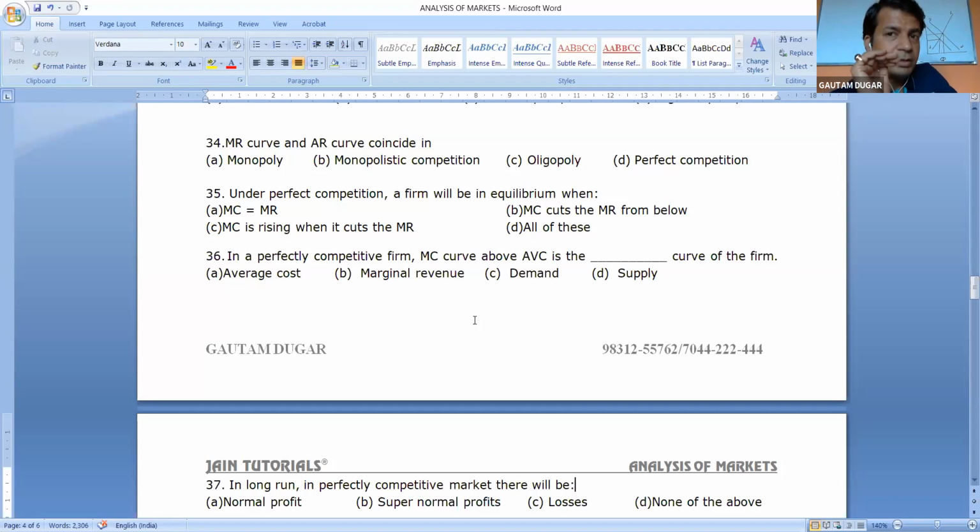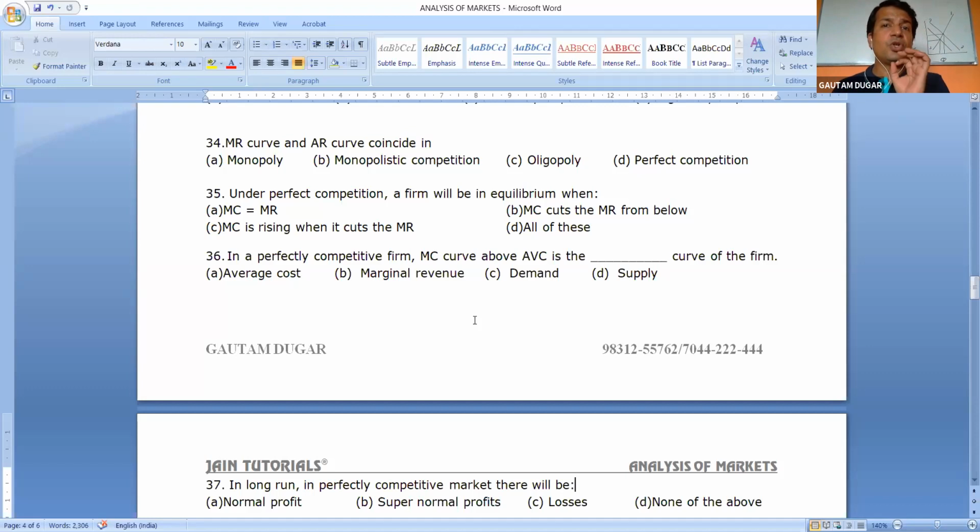The supply curve will be that portion of the MC curve which lies above the minimum point of AVC. If you recall, I said the minimum point of AVC is nothing but the shutdown point.